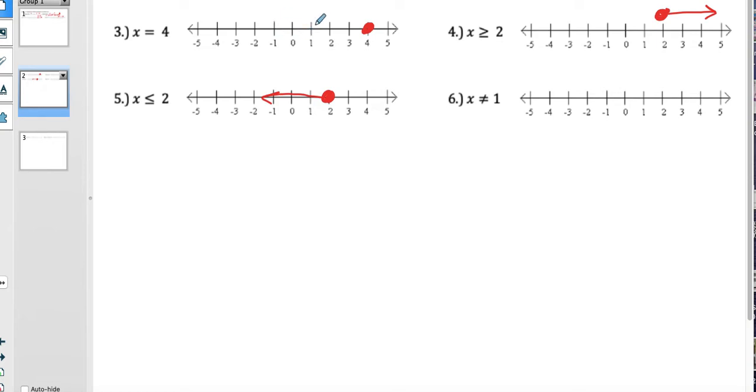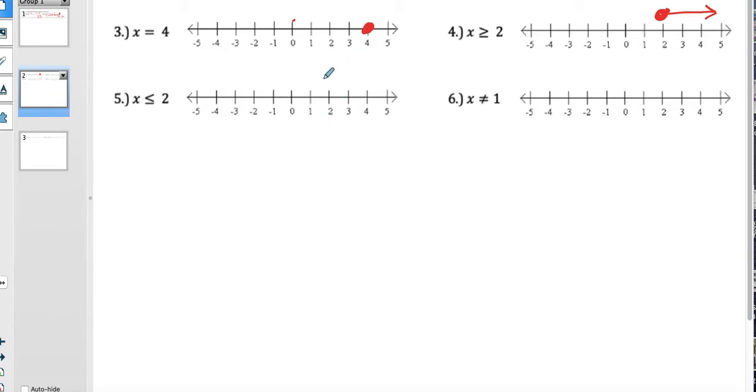I'm going to go ahead and draw above the number line so it's a little bit easier to see.